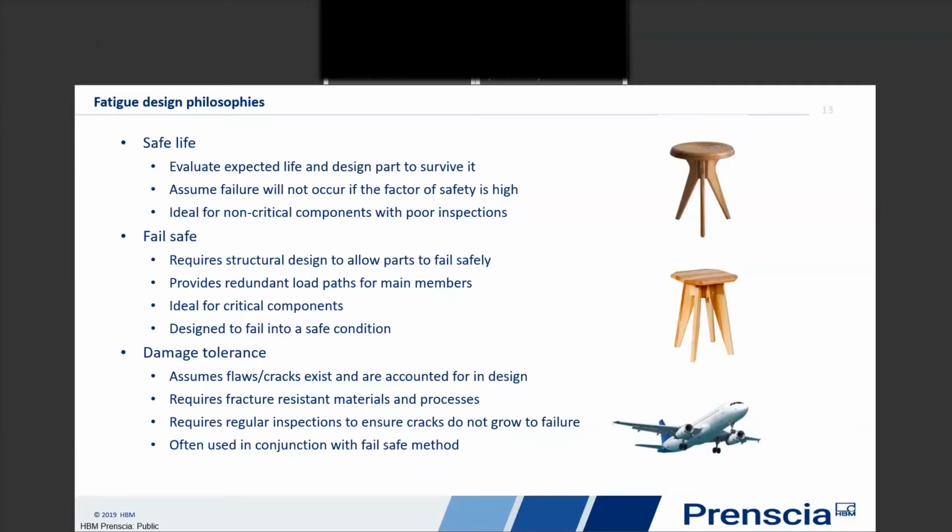The second approach that was developed to try to improve on safe life was called fail-safe. And here, what they're looking to do is make a fatigue failure be non-catastrophic, such that if there was a part that failed, there was a redundant load path in the component.